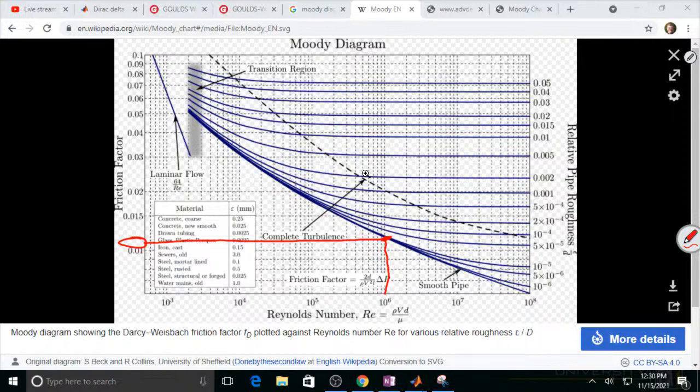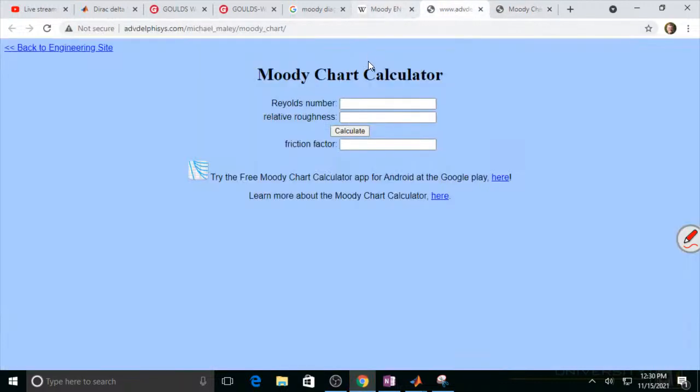We have to use the relative roughness here too. Since I specified PVC, it's going to be the lowest one there. Let's see, if I move away from this to another, oh, it does go away.